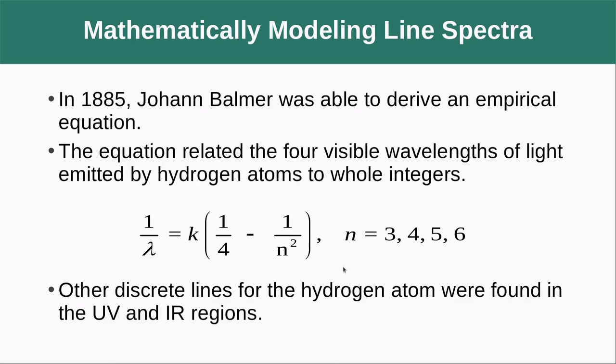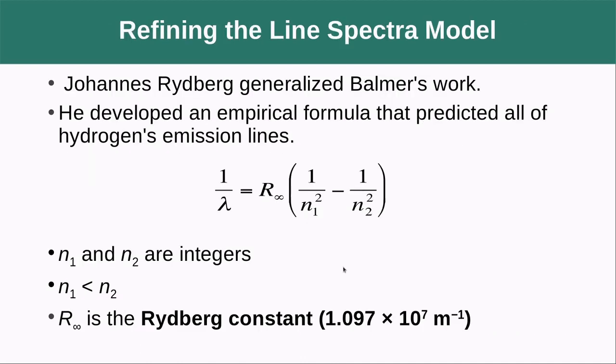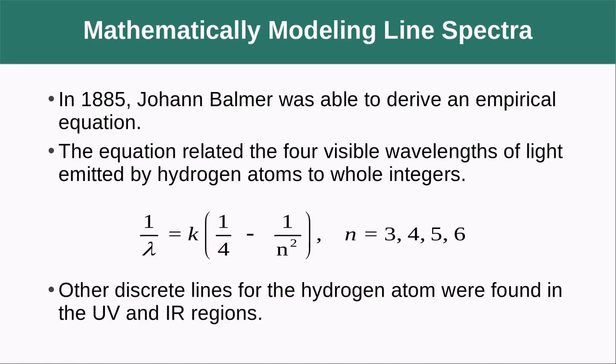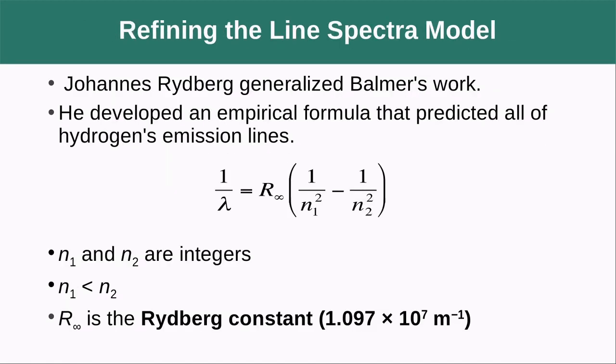Other discrete lines for hydrogen atoms were found in the UV and IR regions, and this didn't really account for that. But a guy named Rydberg comes along, looks at Balmer's work, and he's able to develop an empirical formula that predicts all of the emission lines, where he now has his constant that he pumps in here.